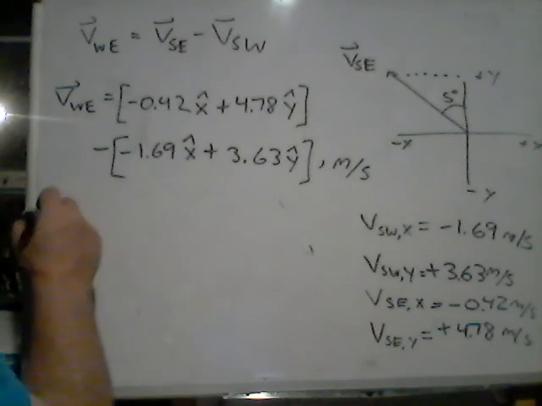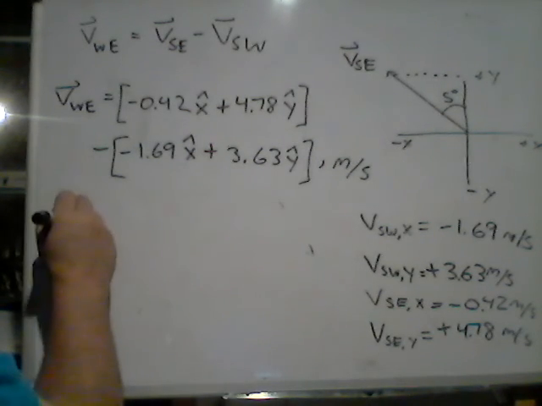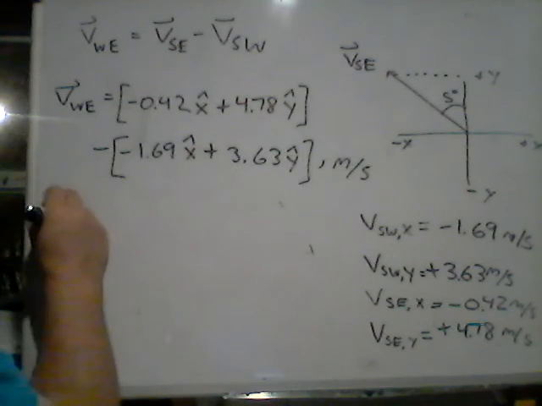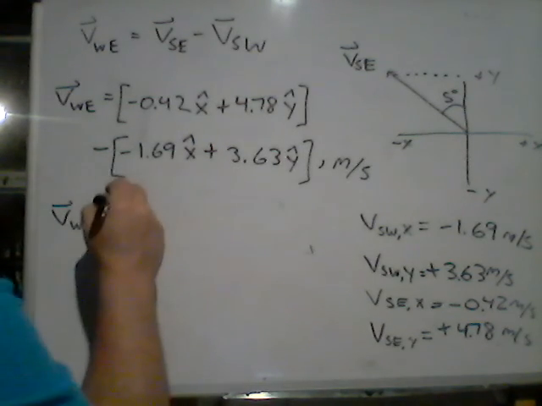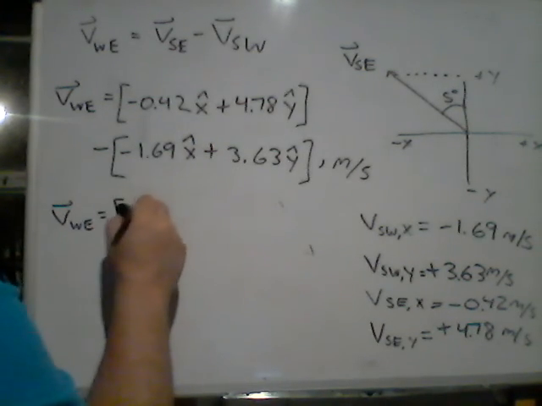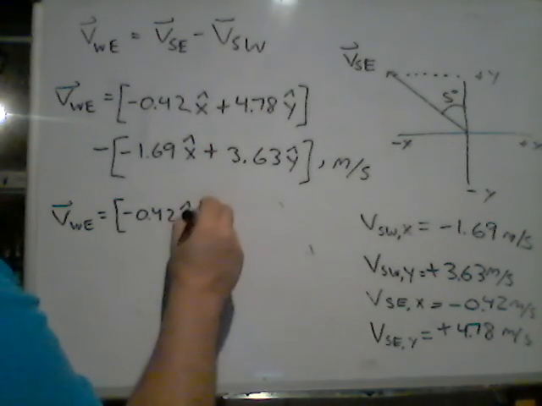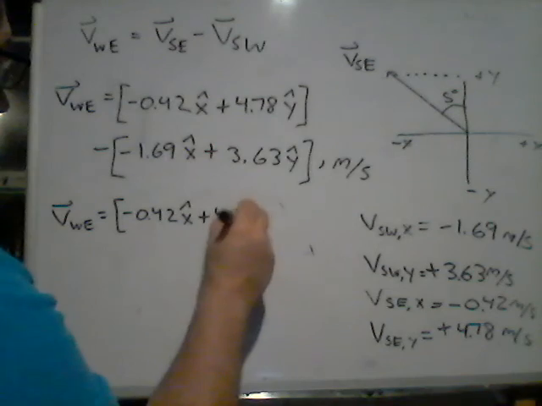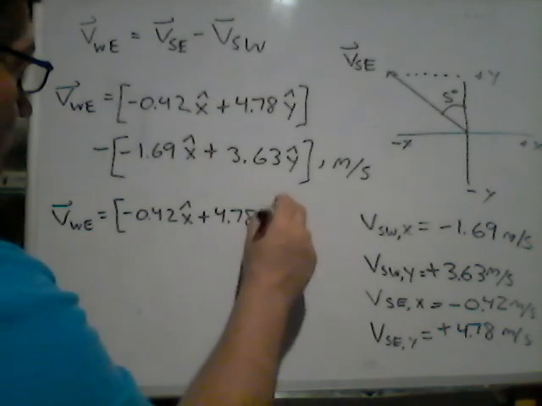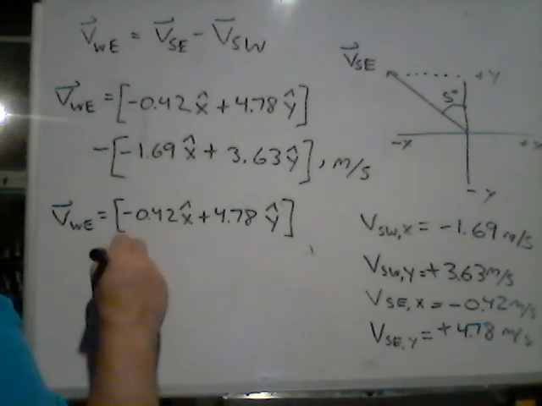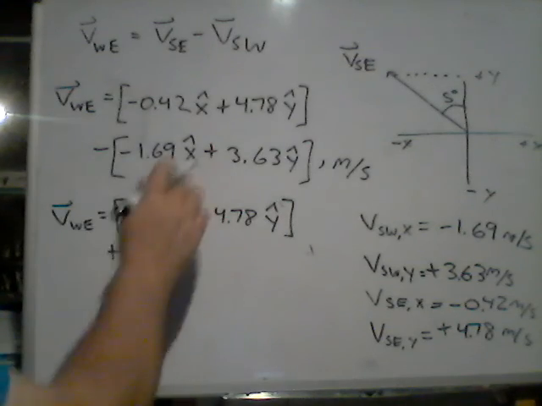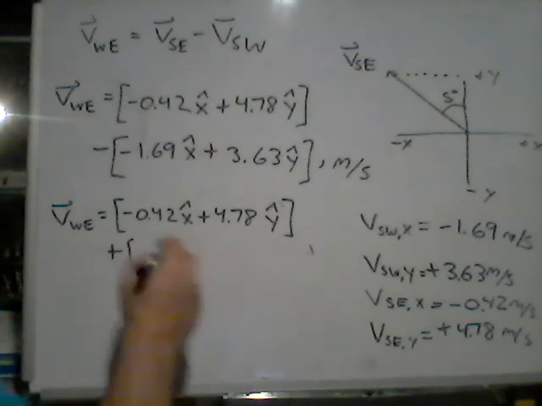And so V sub WE will be negative 0.42 X hat plus 4.78 Y hat plus, I'm distributing the negative sign. This becomes positive, this becomes negative.